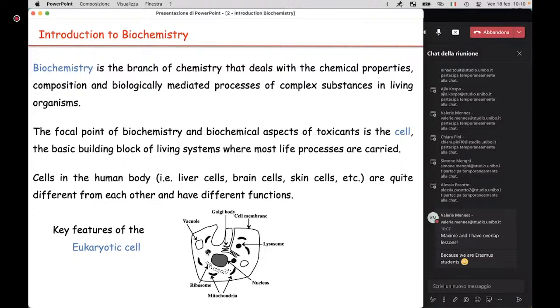And the most important structures within the cells are probably the mitochondria, the ribosomes, the nucleus, and I think that's all, because vacuoles, lysosomes, and Golgi bodies will not be included in our topics.